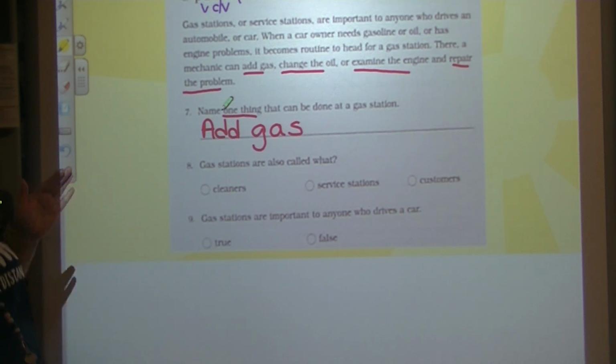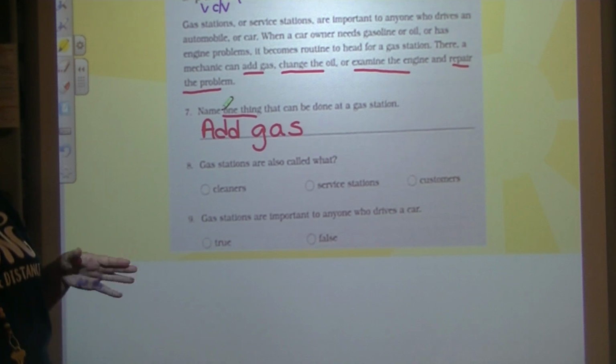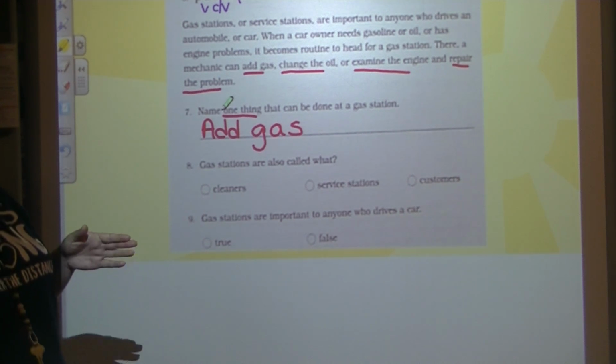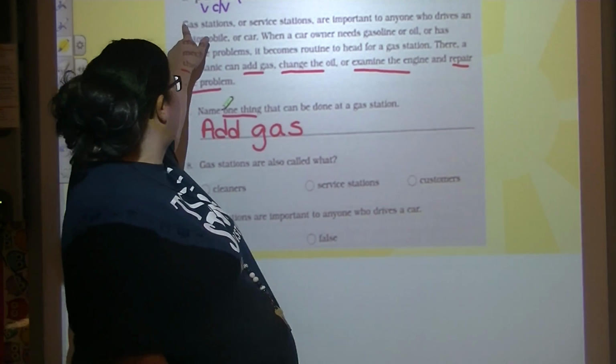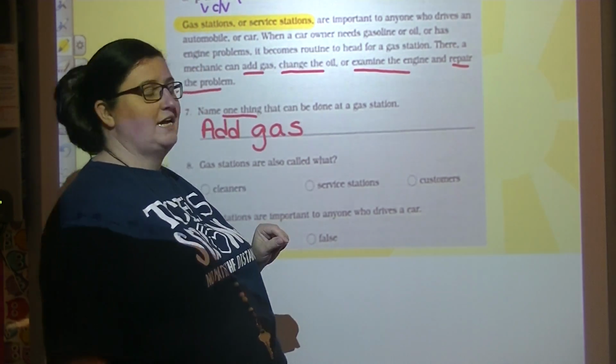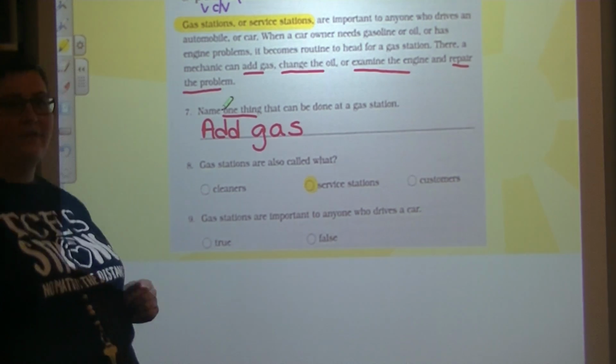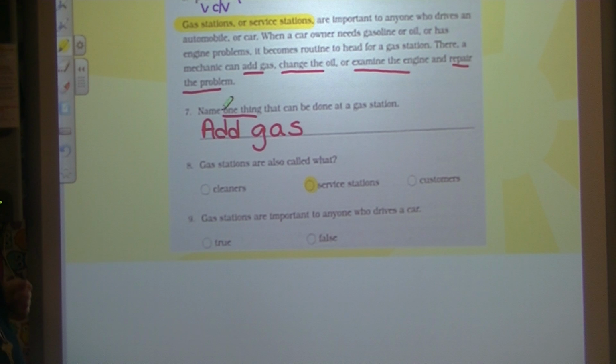All right, what's that key word we said helps to understand when they use it in the sentence? Or. So it says gas stations or service stations. So another word for it is service stations.